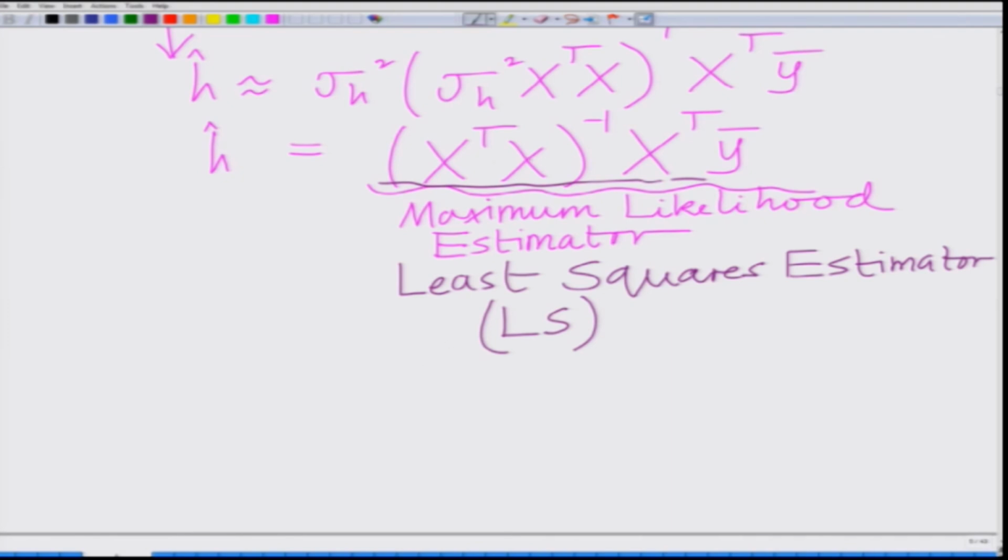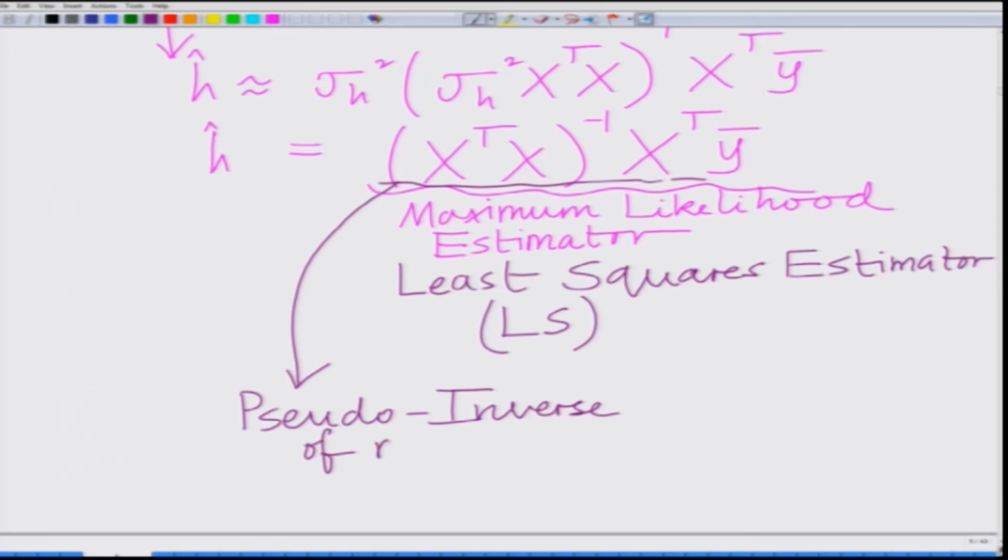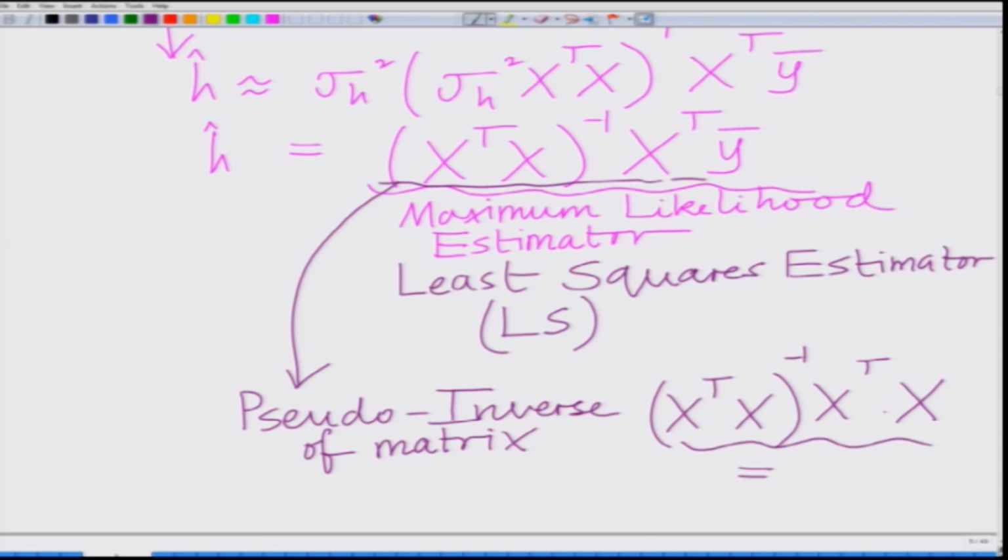And if you look at this quantity x transpose x inverse x transpose, this is known as the pseudo inverse of the matrix X. Reason being, if you look at x transpose x inverse x transpose and multiply that by x, now you have x transpose x inverse into x transpose x, which is equal to identity.